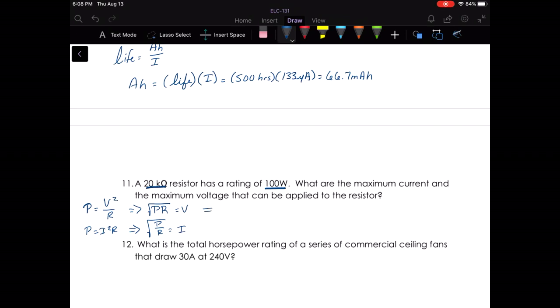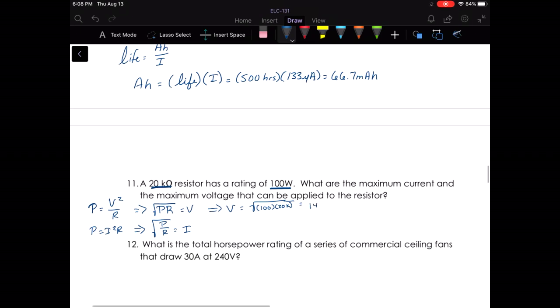Okay, so V equals the square root of 100 watts times 20 kilohms. So the maximum power, maximum voltage we would see there is 1,414 volts, or correct engineering notation would be 1.41 kilovolts.